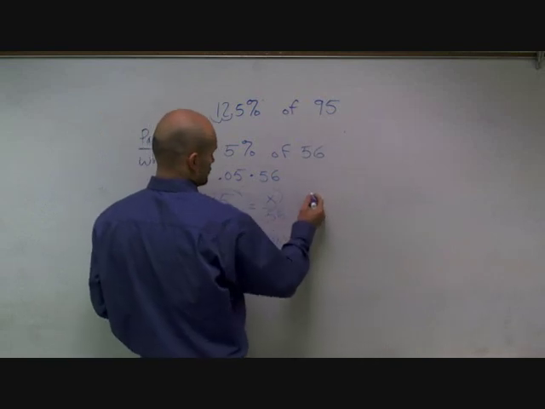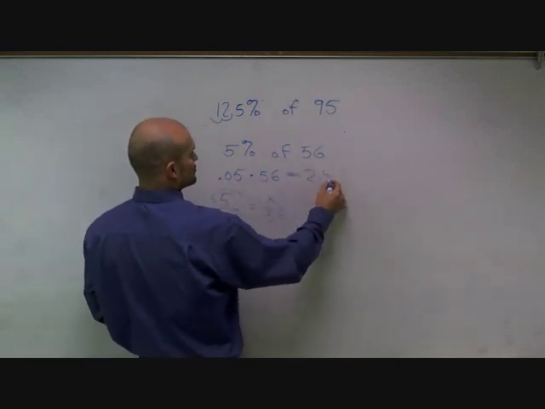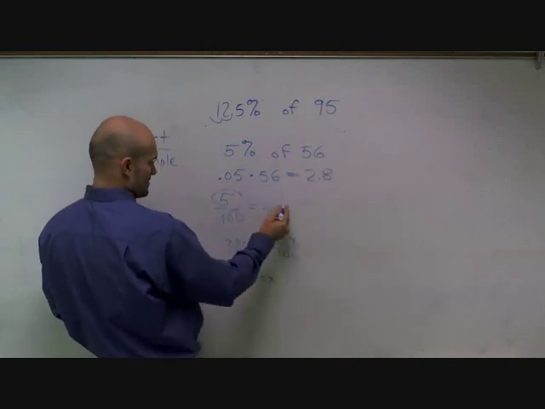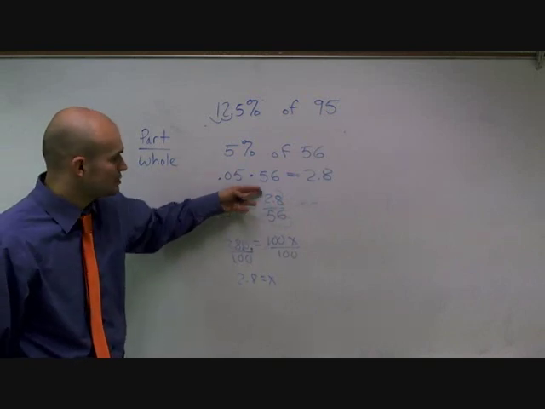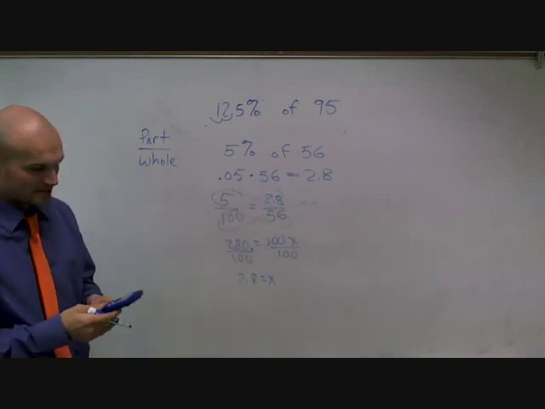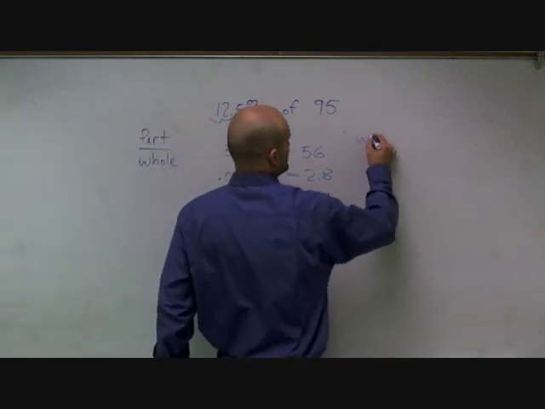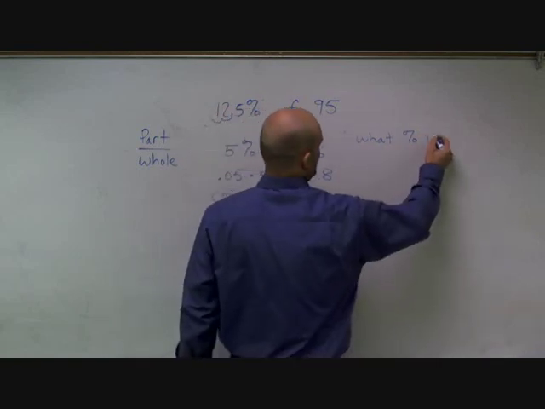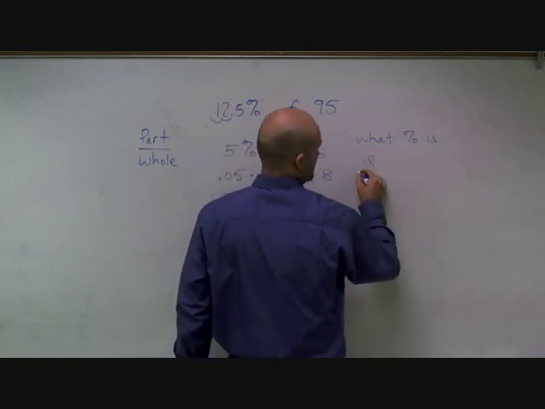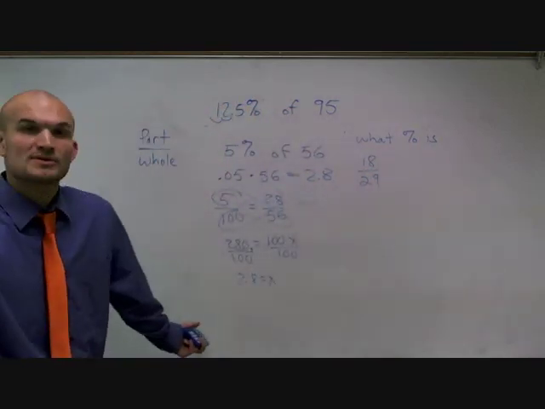Meaning, if I multiply here, 0.05 times 56 equals 2.8. Meaning 5 out of 100 is equivalent to 2.8 out of 56. And the last one is, let's say I ask you, what percentage is 18 out of 29?